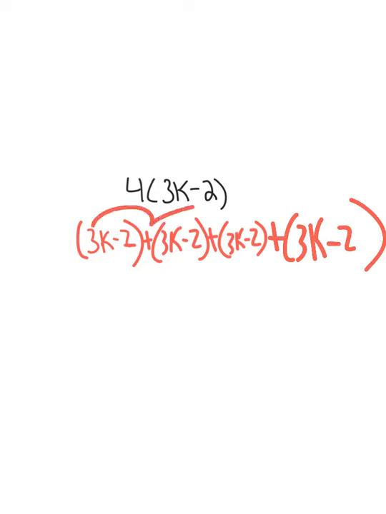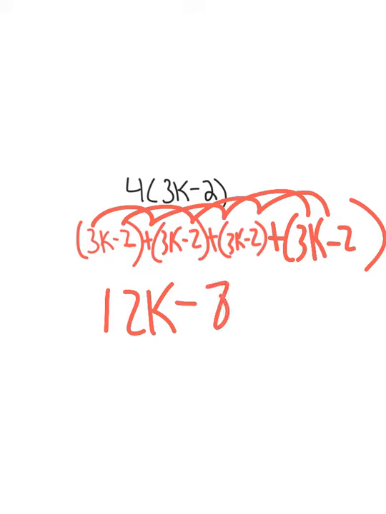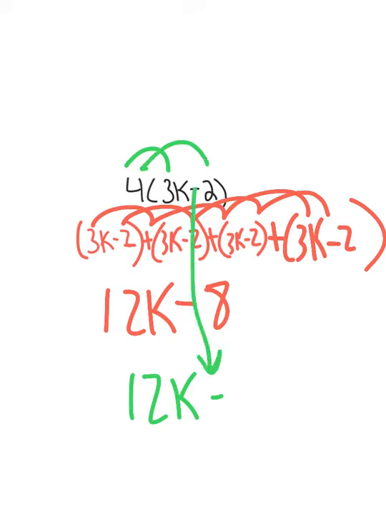So 3k plus 3k plus 3k plus 3k, 12k's, minus 2 minus 2 minus 2 minus 2, minus 8. This is why, again, we're allowed to use the distributive property to multiply the 4 times the 3k. 4 times 3 is 12. And then, again, the minus stays there, and then we do the 4 times the 2, minus 8.